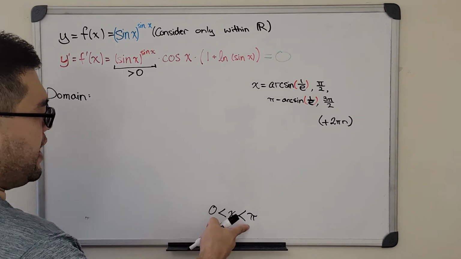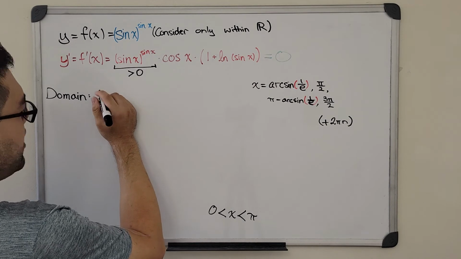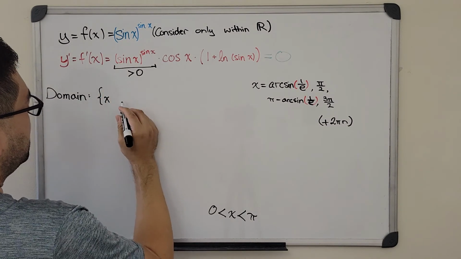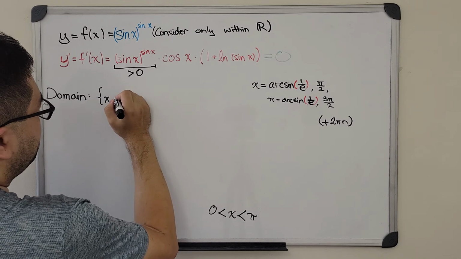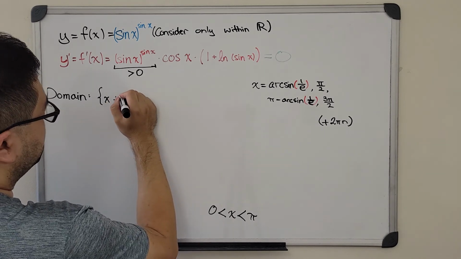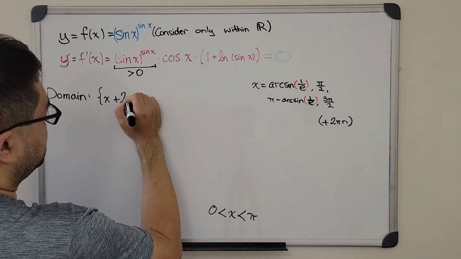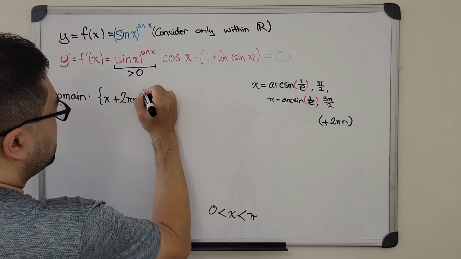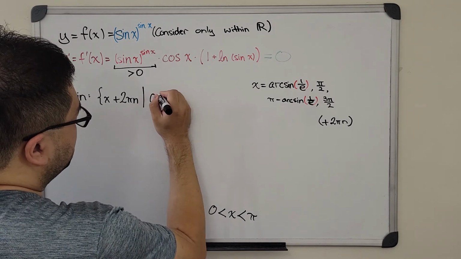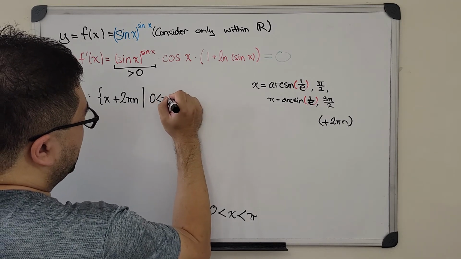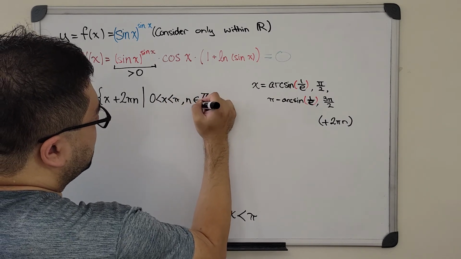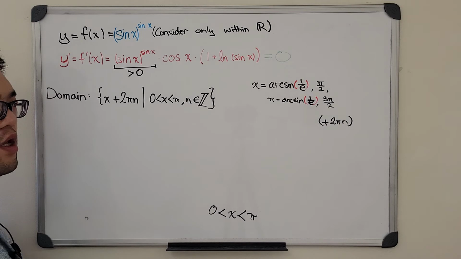It would be any values of x plus 2 pi n, I'll write it in some notation like this, such that x has to be between 0 and pi, and for any integers n.